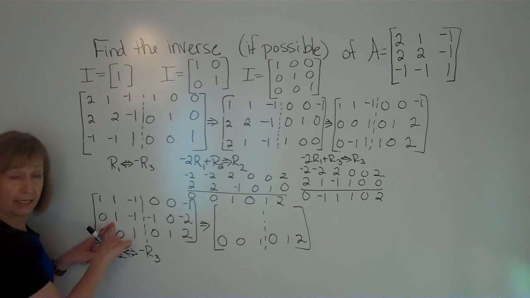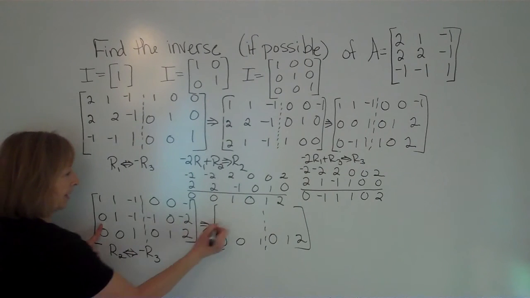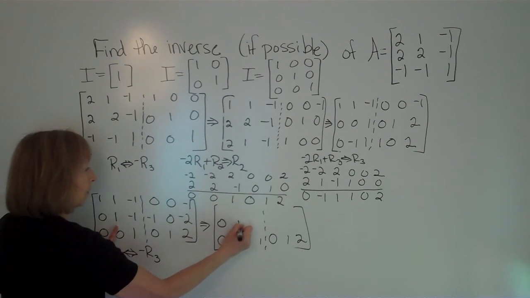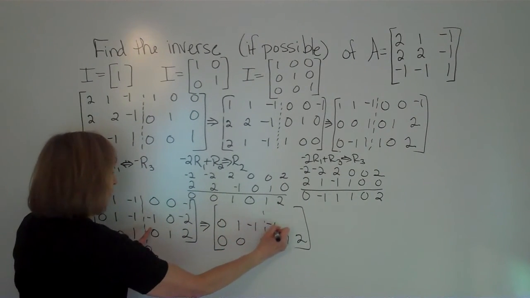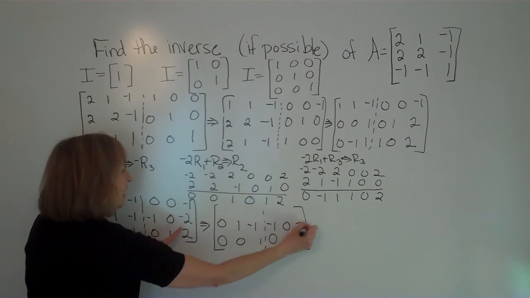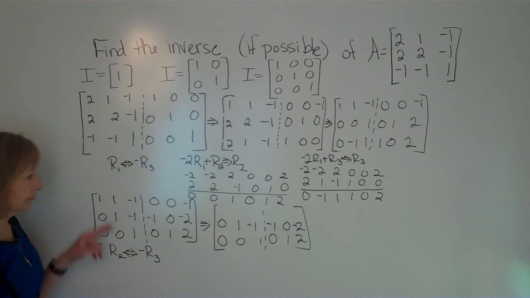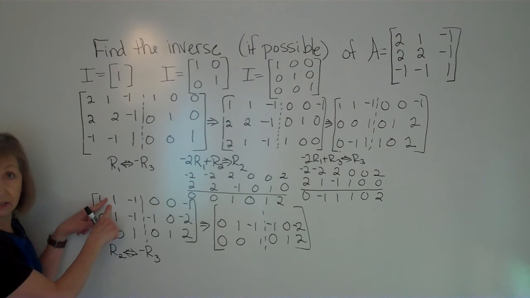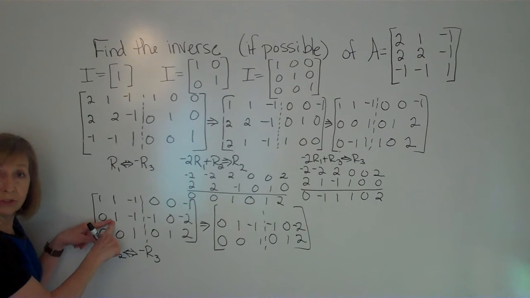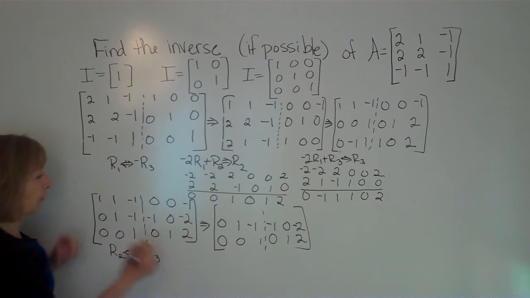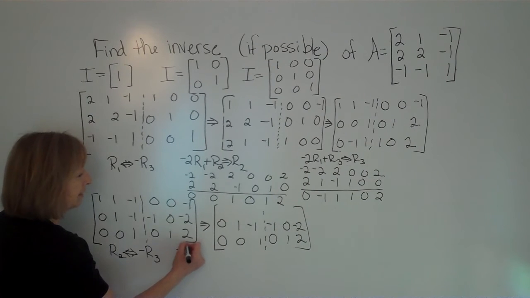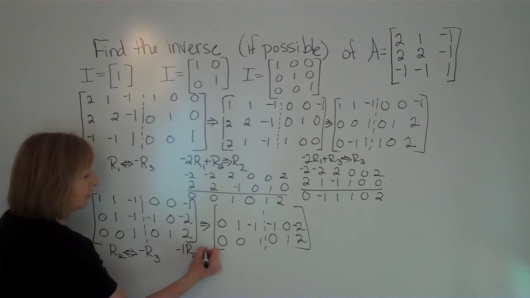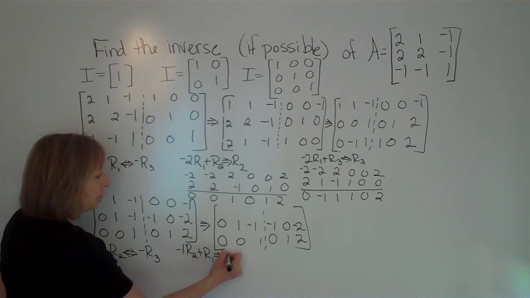I have the 1 in the second column where I want it, so I'll write that second row in over here because it's good at that stage. And then I want to get a 0 here. It's a 1 sitting there. The opposite of 1 is negative 1. So I'm going to take negative 1 times row 2 and add it to row 1 to get a new row 1.